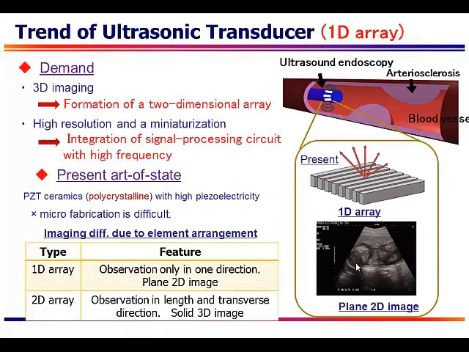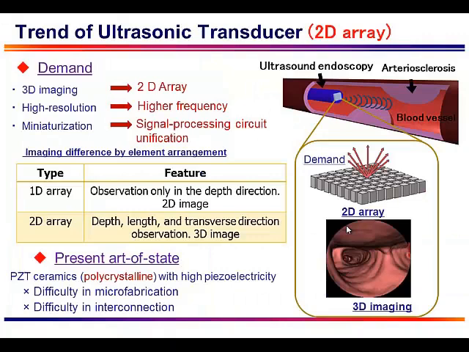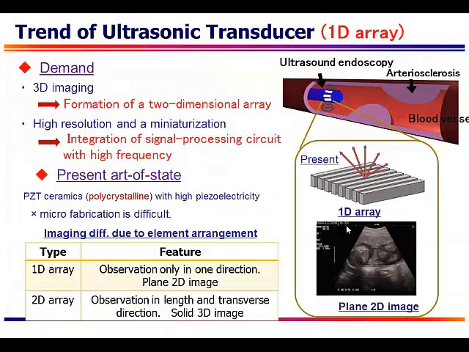So let's move on. The trend of ultrasonic transducer. This slide shows the 1D array. You can see here, this is the 1D array, and the trend is, if you would like to have the 3D image, this 1D array is not sufficient.